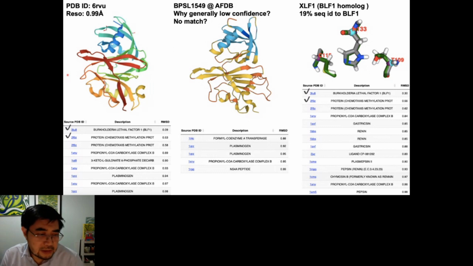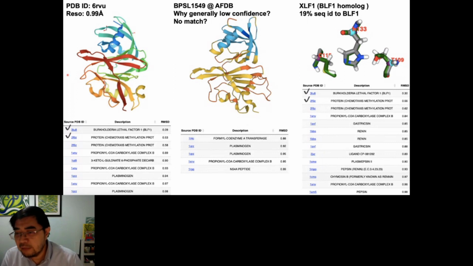We do not know whether it is a toxin or not, but we named it that simply because it is a BLF1 homologue. Although it's only got 19% sequence identity to BLF1, when the structure was computed using AlphaFold, you get more or less a very similar structure to what you can see for 6RVU on the left.